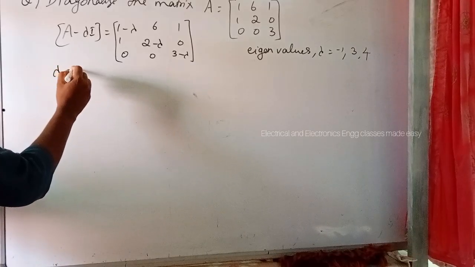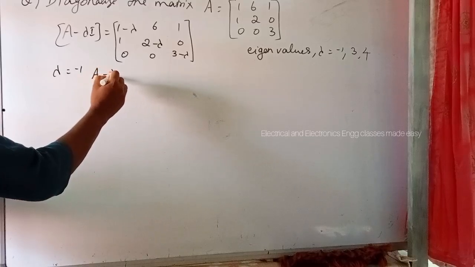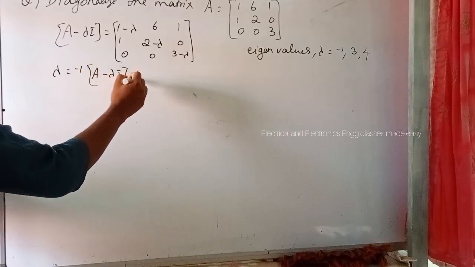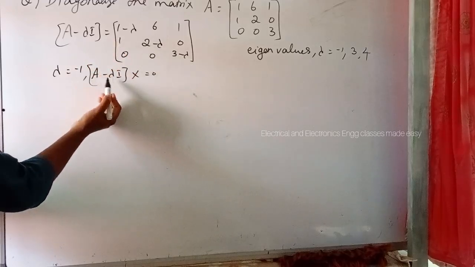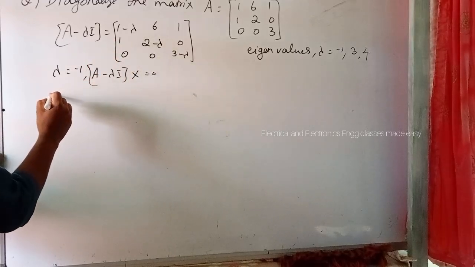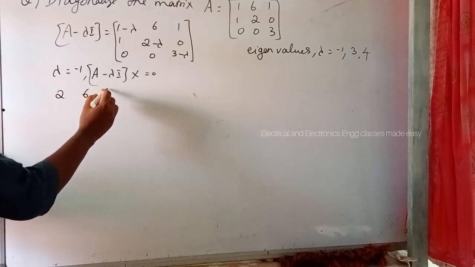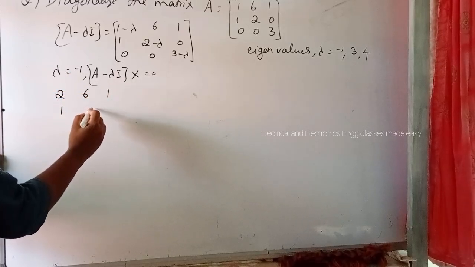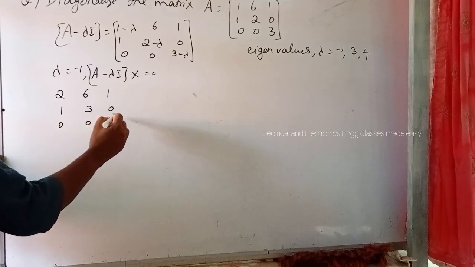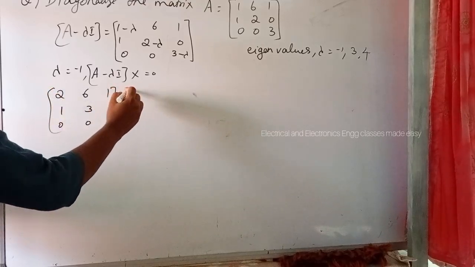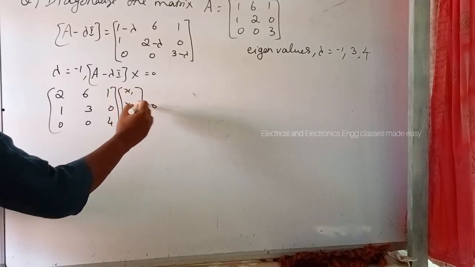So when lambda equal to negative 1, using the equation A minus lambda I into x equal to 0, let us put the value lambda equal to negative 1 in this equation. So 1 minus minus 1, that is 2, then 6, 1; 1, 3, 0; 0, 0, 4 into x1, x2, x3 equal to 0.